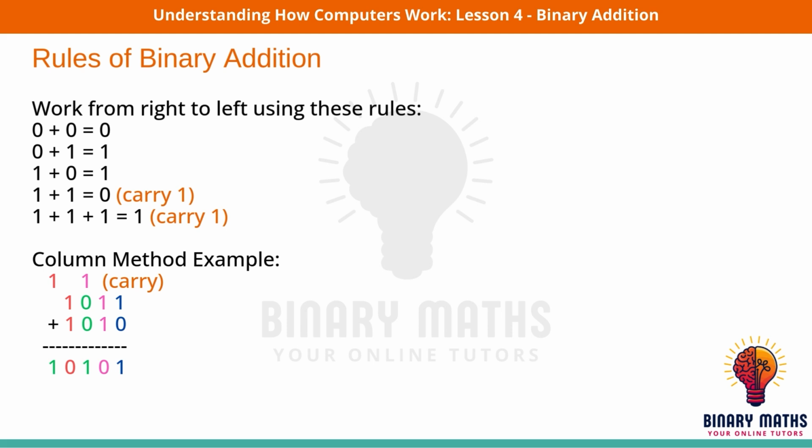Now we can see on the leftmost column there isn't anything else that we're adding there. So this is colored in sort of a pinkish red color. And it's just the one on its own. So we're just going to pop this right at the bottom. So our answer to 1011 plus 1010 would equal 10101.